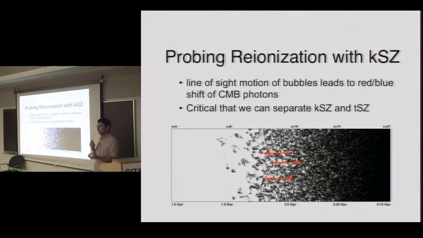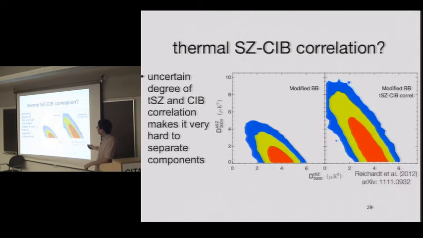But then you have another problem, which is that the thermal SZ is also correlated with the CIB, because, as we've already seen, infrared galaxies tend to live in these massive clusters, and that's also the source of this thermal SZ. So without that problem, separating the kinetic SZ from the thermal SZ is hardish, right? But if you add that uncertainty, then separating these 2 is a nightmare. I'm going to keep going.